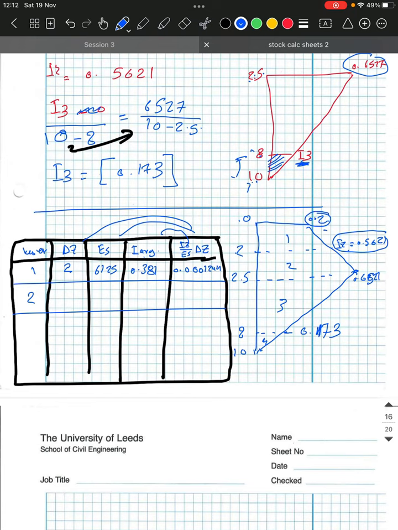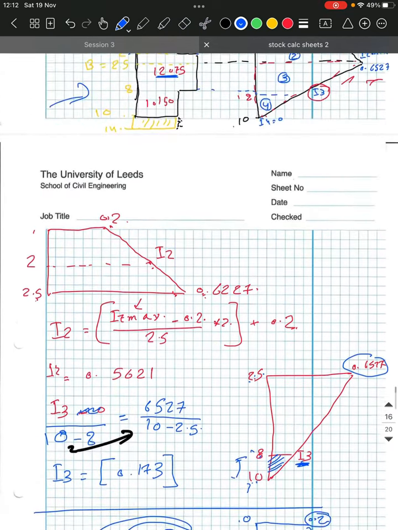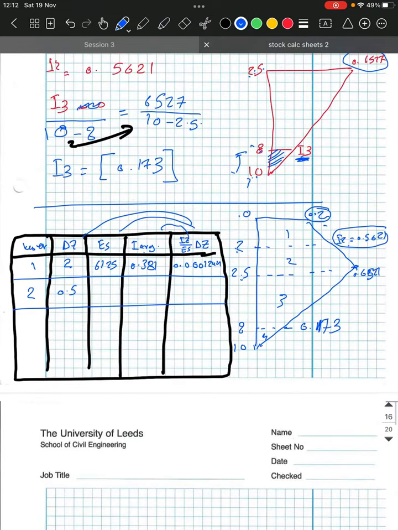Now for layer 2, it's going to be 2.5 minus 2, which gives you 0.5. And starting from 2, I have this value for ES, the modulus of elasticity. So it's going to be 12,075.